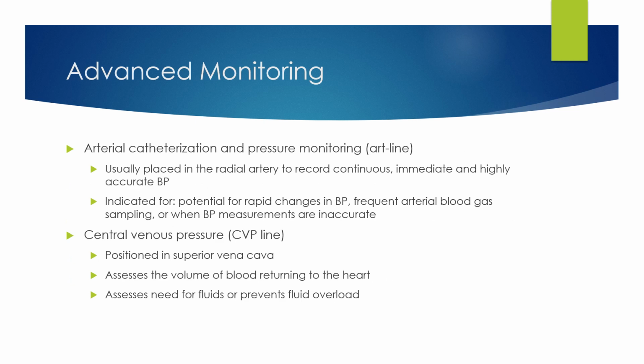Okay, for some advanced monitoring, we have the arterial catheterization and pressure monitoring, also called an ART line. It's usually placed in the radial artery, and it's to record continuous, immediate, and highly accurate blood pressures. They're usually indicated for potential for rapid changes in blood pressure, frequent arterial blood gas sampling, or when blood pressure measurements are inaccurate.